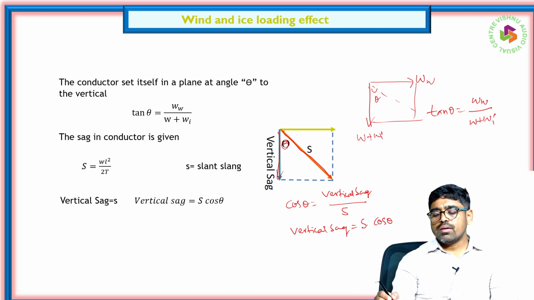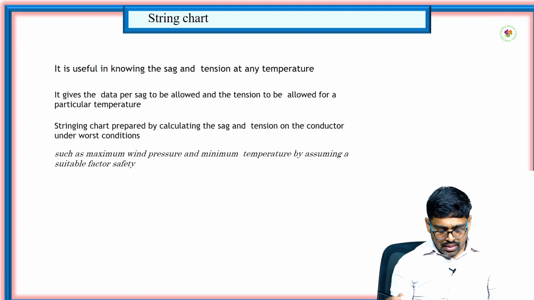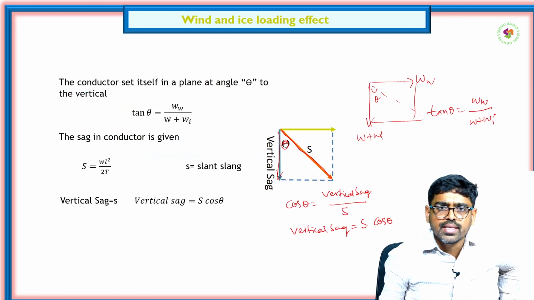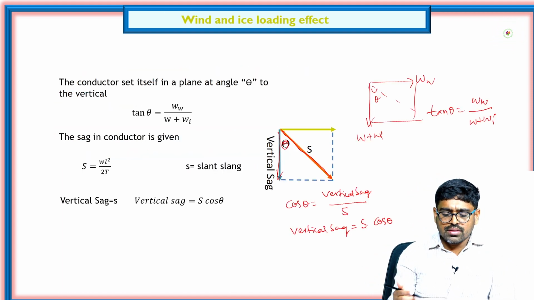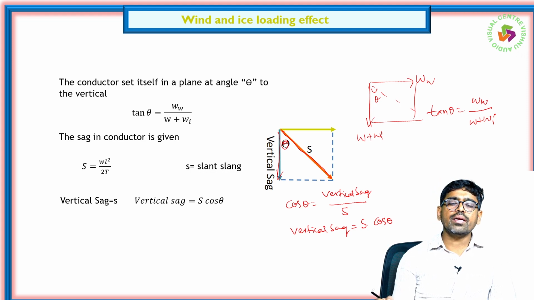So that is the vertical sag we calculated. Next, another relation about the sag with respect to this vertical sag is how we can calculate the effect of wind and ice loading in the sag calculation.